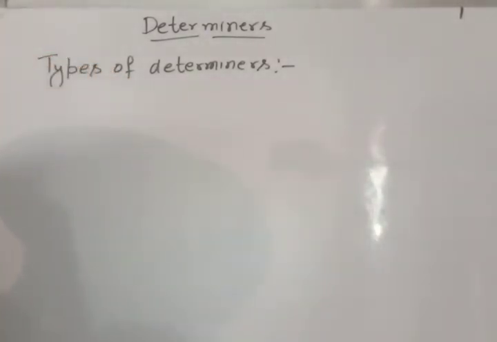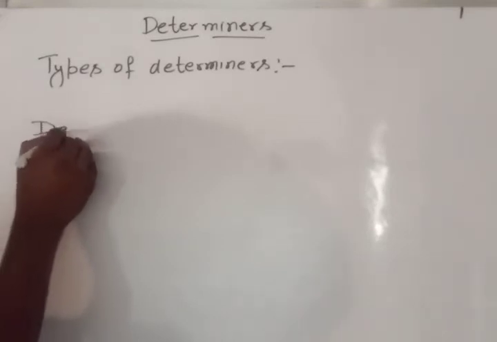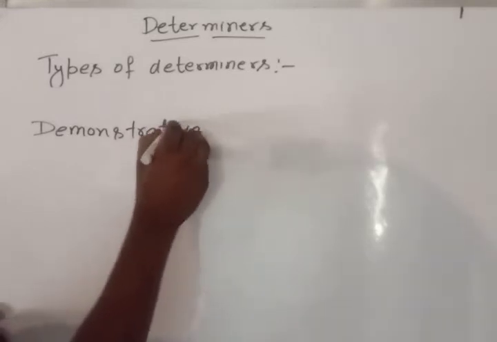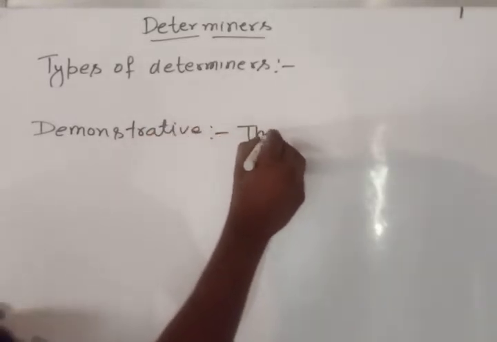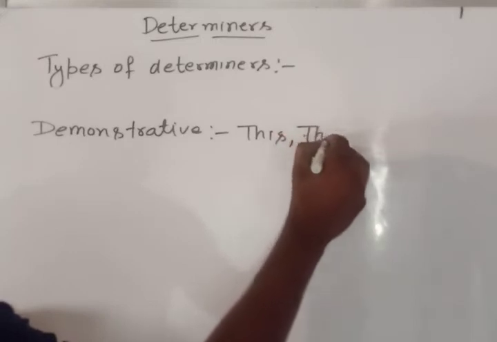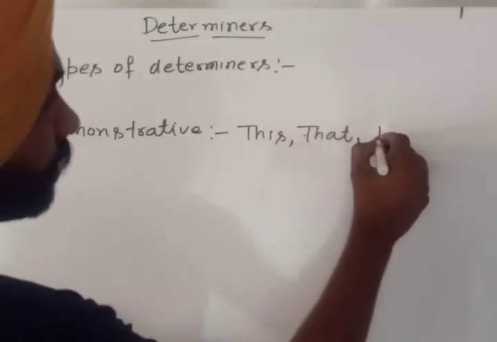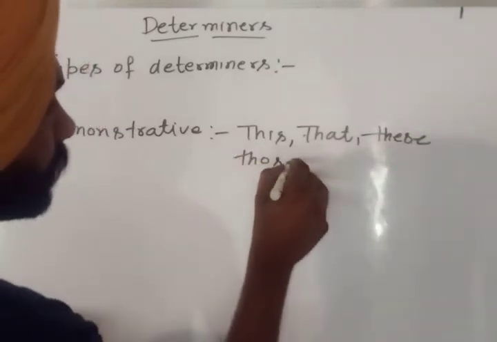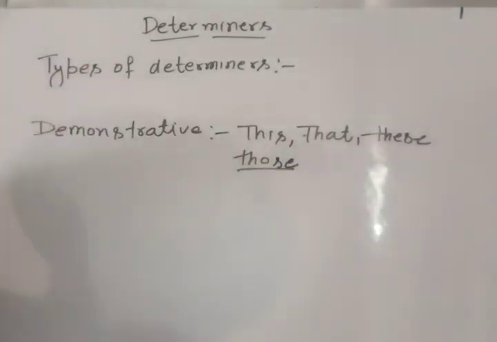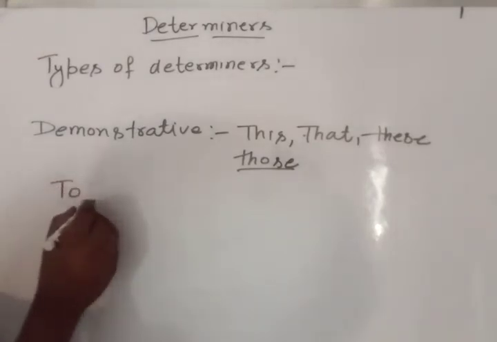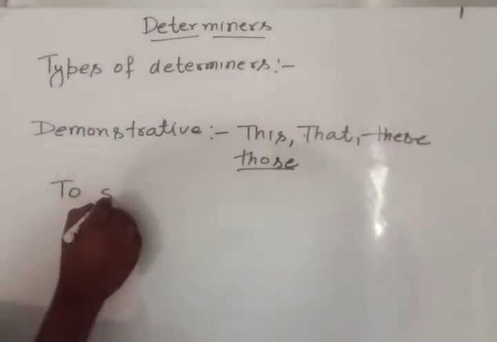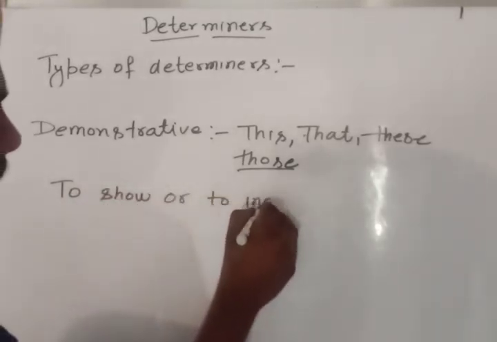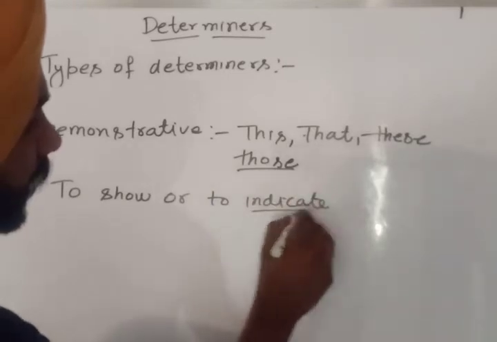Okay, next is demonstratives. Demonstratives are this, that, these, those. Okay, these words are used to show or to indicate.